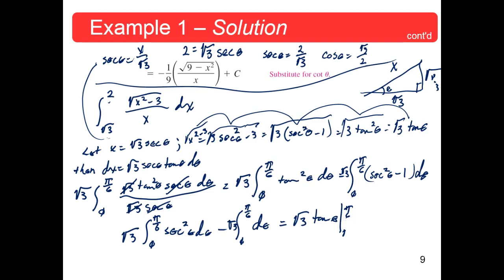I don't know why the pen is so bizarre right now. 0 to pi 6, okay? And the second one is just what? Minus root 3 times theta. And that's evaluated from 0 to pi 6, okay? Goodness, this is slow.